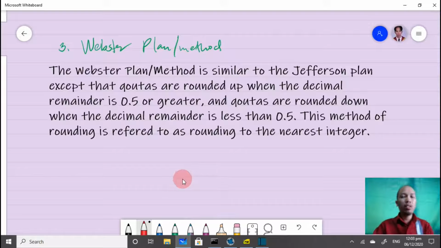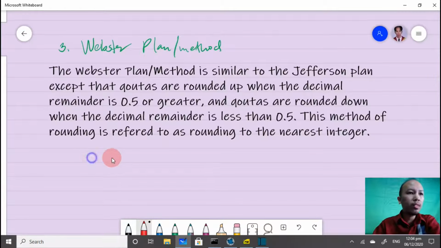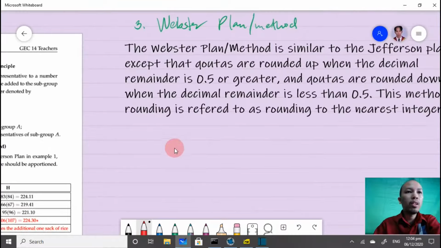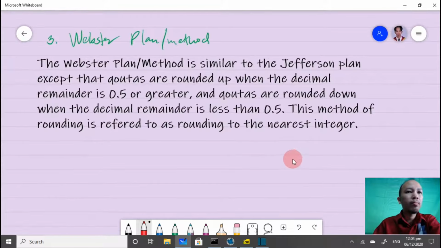This is the third method, the Webster plan. I intend to discuss the Huntington-Hill method as our last topic, because I saw that this method is lengthy. Anyway, the Webster plan or method is similar to the Jefferson plan.